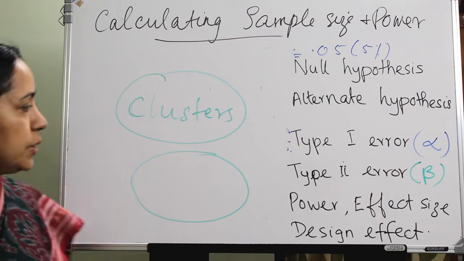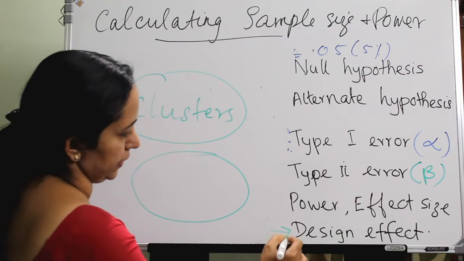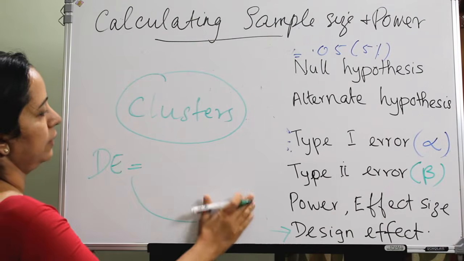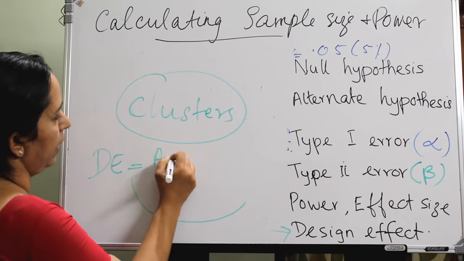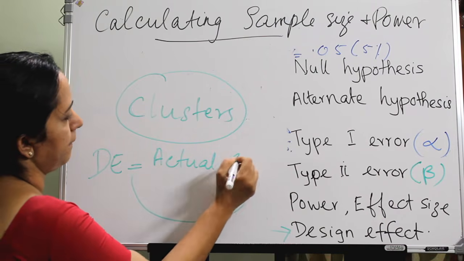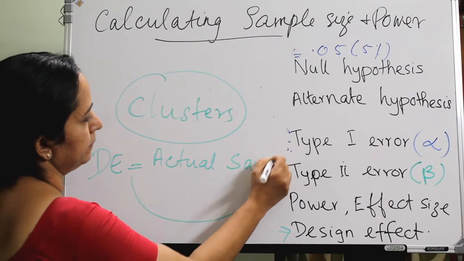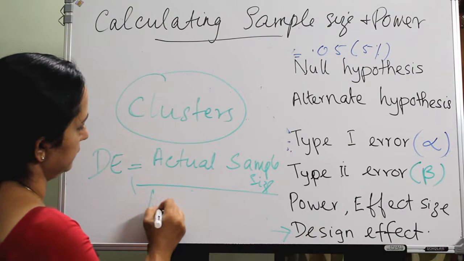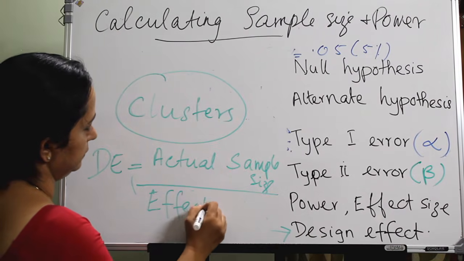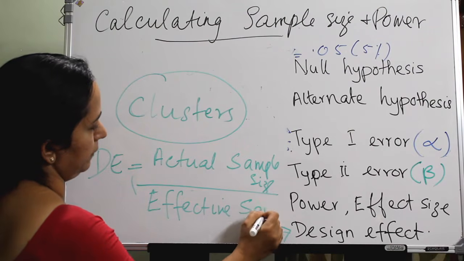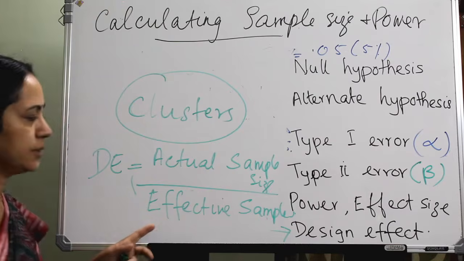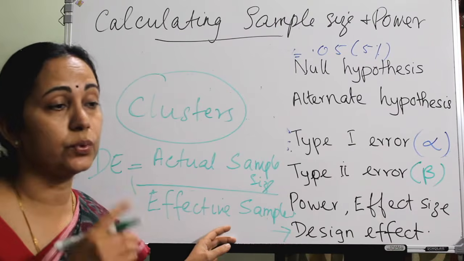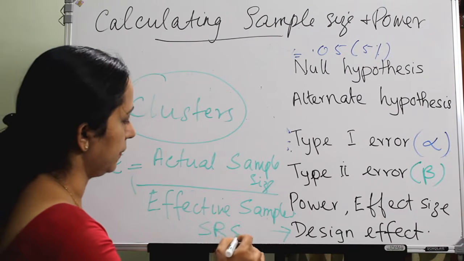Okay, and usually that is expressed as a design effect, and this design effect is actual sample size divided by effective sample size. Okay. And this effective sample size is, what will you get with the sample size if you do this as a simple random sampling.